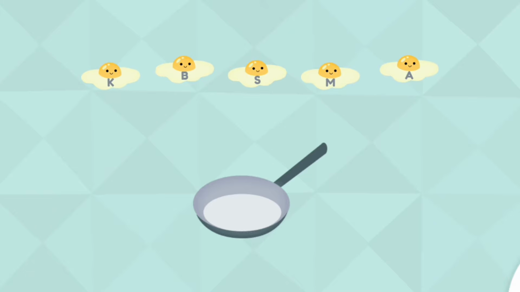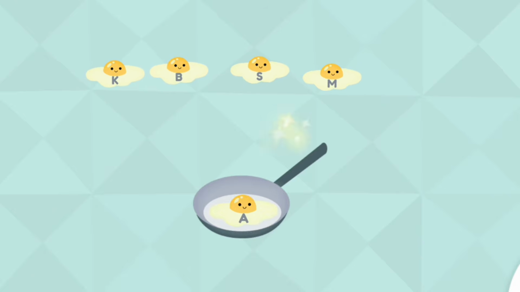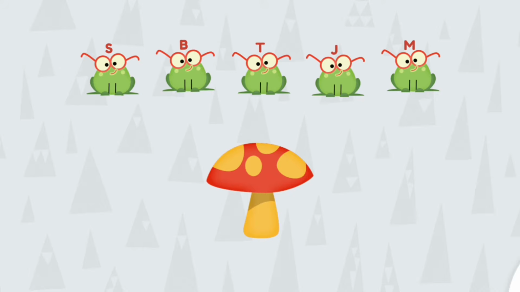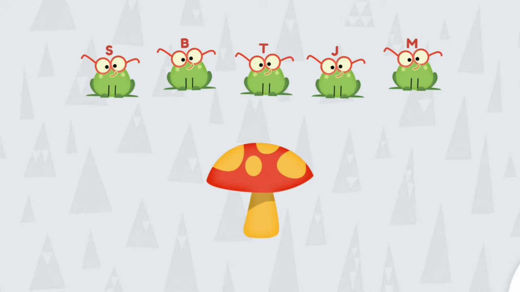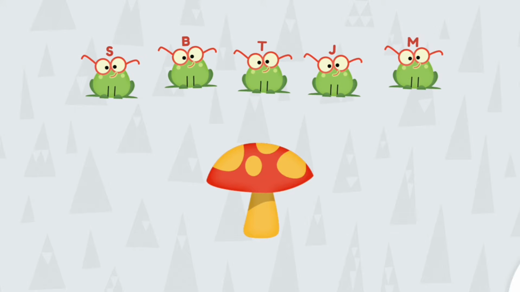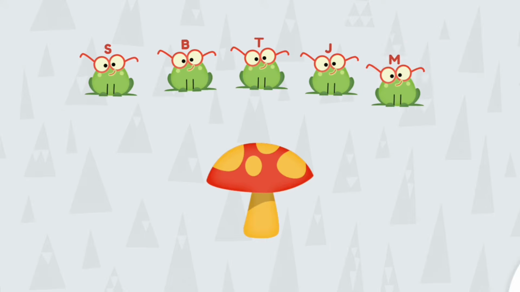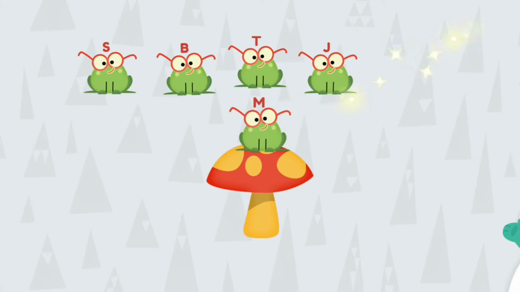Put the egg with the letter A in the pan. Good work! Put the frog with the letter M on the mushroom. Great!